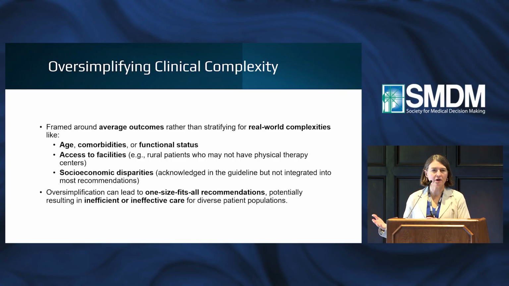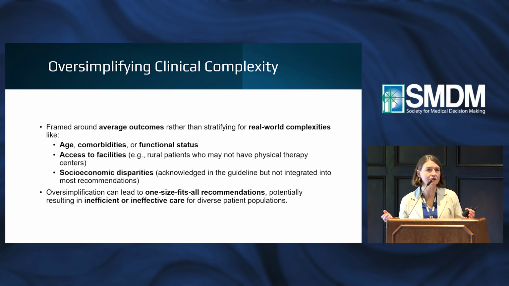And then for the clinical practice and for the physicians in the room, the comment is, well, it oversimplifies clinical complexity, right? That's why you're physicians, you're in the room, you're making decisions. Each patient is its own individual with a different story. And so when we do these cost effectiveness analyses, they are framed around average outcomes, right?